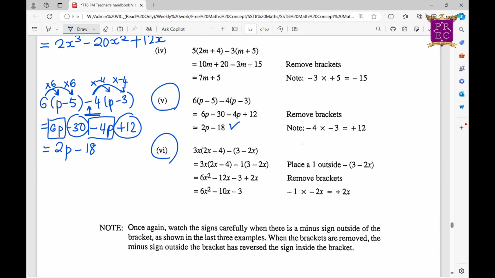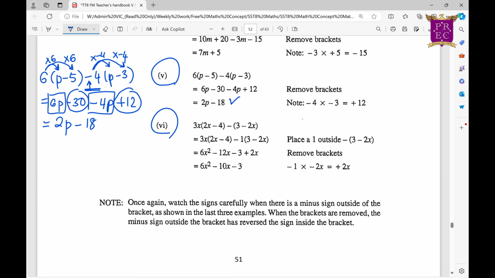Alright, and now lastly, we can go through example 6. So if I just write it out here, 2x minus 4 minus 3 minus 2x. Alright, so firstly it's asking us to multiply 3x by 2x and multiply negative 4 by 3x.